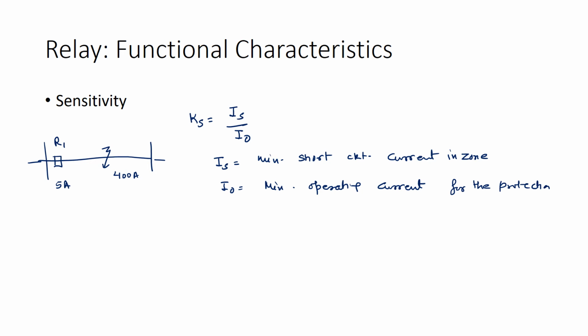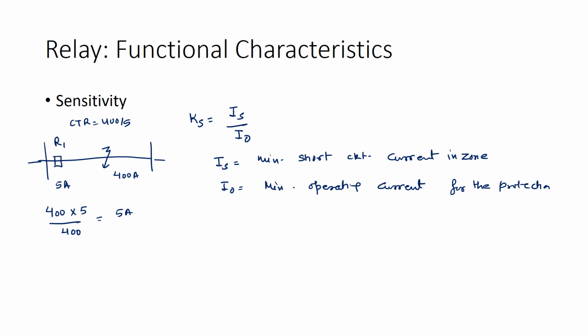The fault current is 400 ampere, and the CT ratio is 400 by 5, so the secondary of the CT will read a current of 5 ampere. So this relay sees 5 ampere, and the primary has 400 ampere fault current.